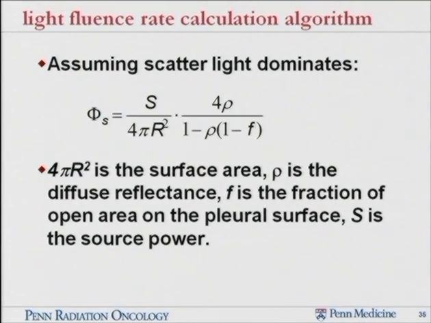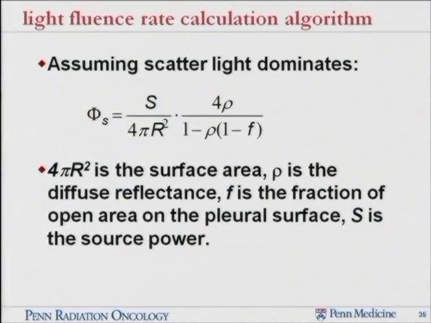It can be calculated by the power divided by the surface area of the sphere, multiplied by the diffuse reflectance. Diffuse reflectance is, of course, tissue dependent, so you have to know the tissue optical properties. There's a well-established formula to calculate diffuse reflectance once you know them, and that will allow you to predict the light fluence rate.